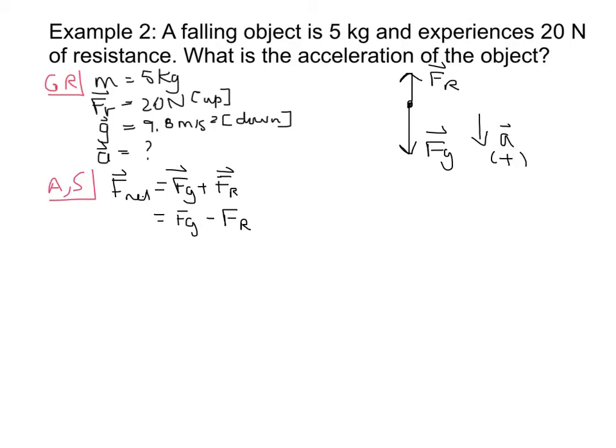And we also know from previous that force of gravity is mass times acceleration due to gravity. So F net is mass times acceleration due to gravity minus Fr. And F net is also mass times acceleration. And we're looking to solve for acceleration, so we need to divide by the mass.